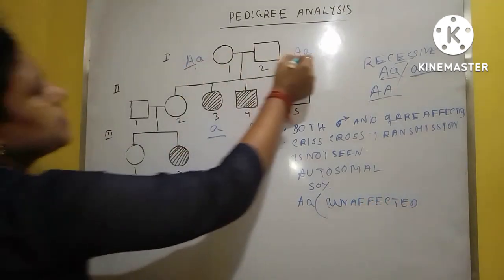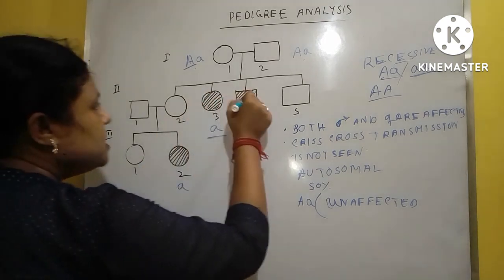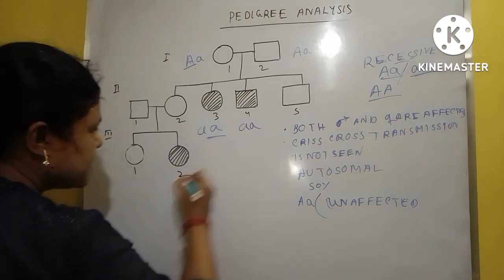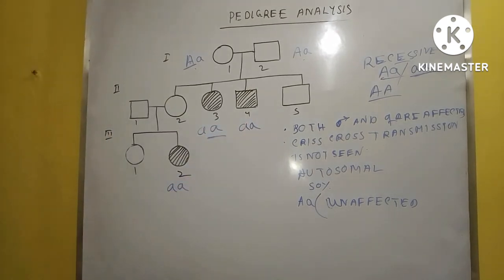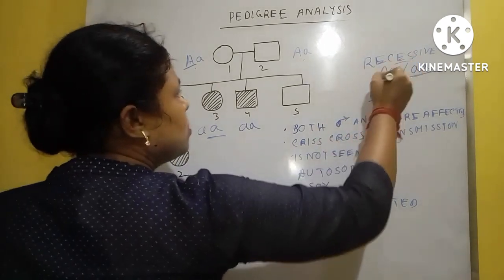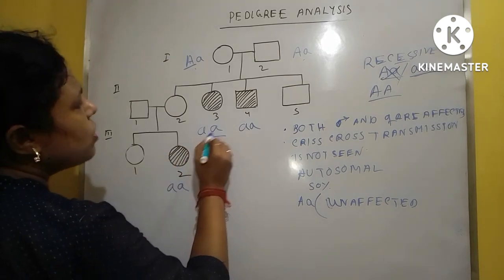It is unaffected because one dominant gene is present, so the recessive gene is suppressed here. But in the diseased case, what happened? Obviously both recessive genes are present. The diseased carry small a, small a.